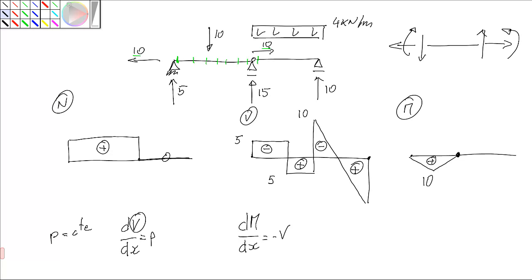Now in this part, V is linear, meaning M is parabolic. V is positive, meaning M increases, so it's going to increase till this point, which is at the middle, where V is 0, meaning that M does not increase or decrease. So it goes like this. And from this point onward, it starts with a tangent of 0, so it starts horizontal, but then V becomes negative, meaning that the moment starts to decrease.